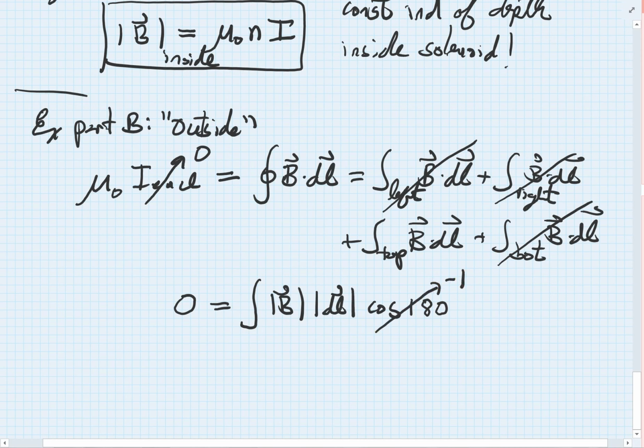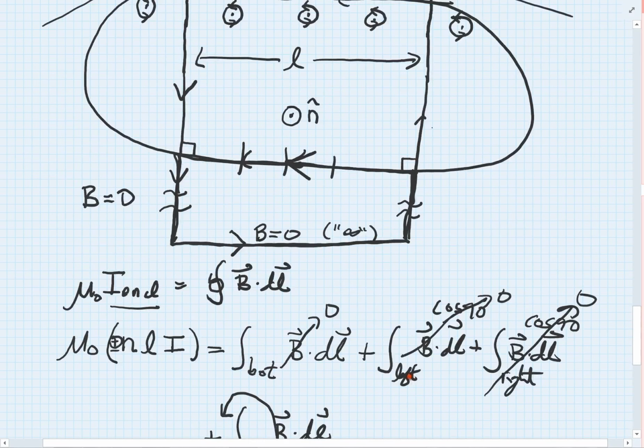The magnetic field is the field strength at that distance outside the solenoid. It's going to be some constant at the constant distance I've chosen. So this is just going to give me the magnetic field outside the solenoid times the integral of those little pieces of length, dl, which again is just going to give me the width of my rectangle.